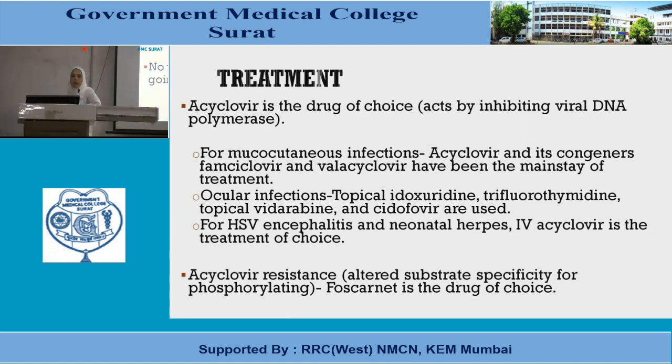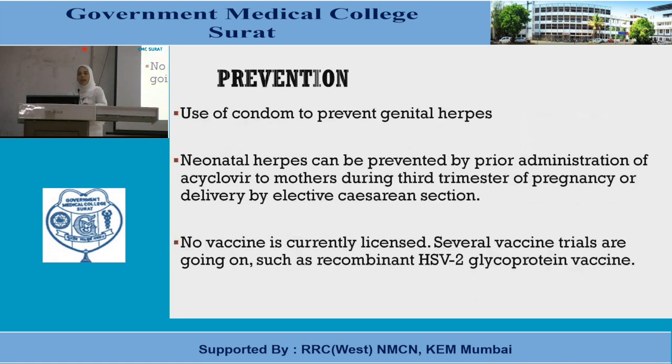So how do you prevent? If one comes across a person with genital herpes, you will advise them to change their lifestyle and use condoms. Neonatal herpes can be prevented by prior administration of acyclovir to mothers during the third trimester of pregnancy, or delivery by elective section.